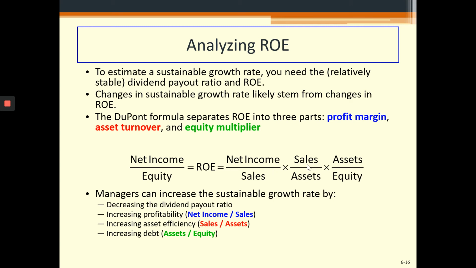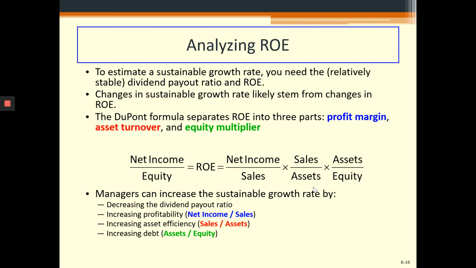The second is the asset turnover, that is how effectively we are utilizing the assets. If the company has so many assets but they are not able to generate the sales, it means these assets are sitting idle there. So if this number is say 8, it means each dollar worth of assets is generating $8 in sales.